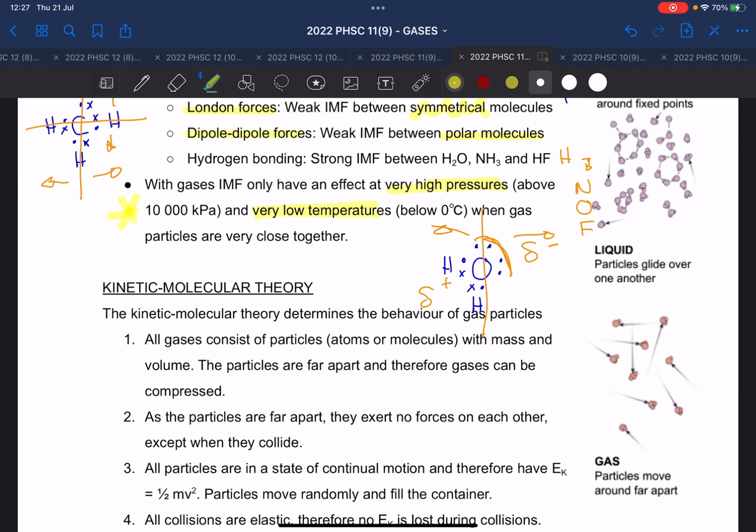When gases are at very high pressures, they are close enough to each other to feel each other. But when the pressure is too low, the molecules are too far from each other to feel the effects of the polarities on each other. Does that make sense?